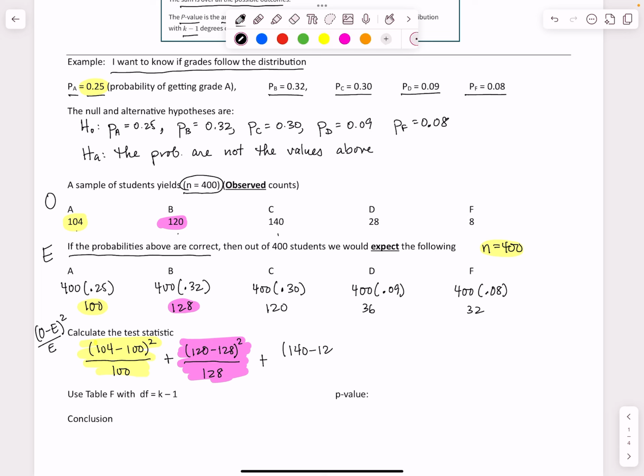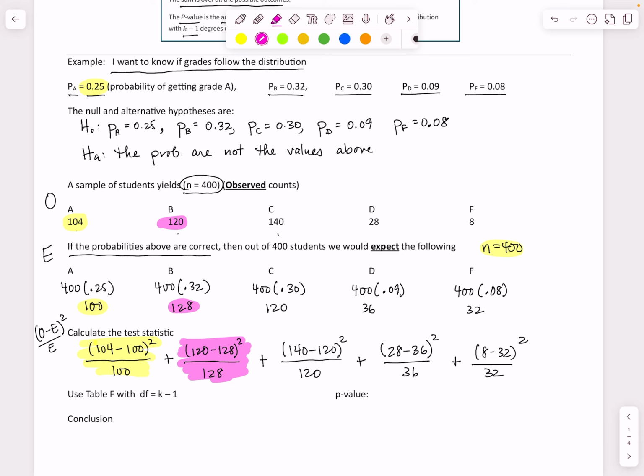I expect 120 C's over 120. I expect 36 D's, I observed 28 D's. I expect 36 over 36. And this last one is 8 minus 32 over 32 squared.